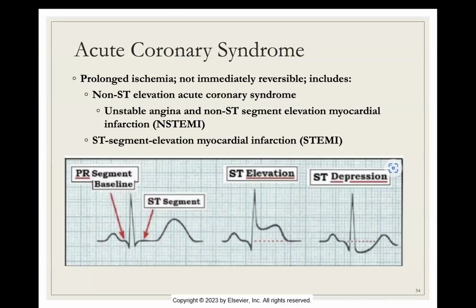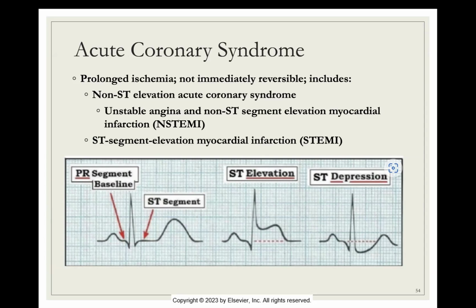All right, so acute coronary syndrome is basically an umbrella term that covers three different things: stable angina, and then unstable angina, and then myocardial infarction, which is a heart attack. And there are two specific types of myocardial infarction.